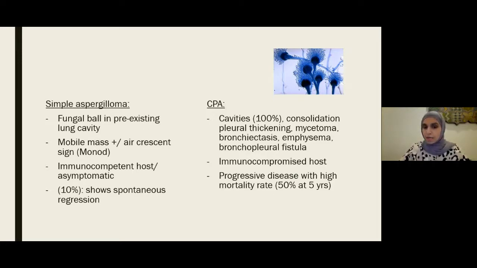However, in our case, chronic pulmonary aspergillosis, the mycetoma or fungal ball pre-exists in a cavity, usually associated with other findings such as consolidation, pleural thickening, bronchiectasis, emphysema, and bronchopleural fistula. It is usually seen in immunocompromised hosts, and it is progressive with a high mortality rate.